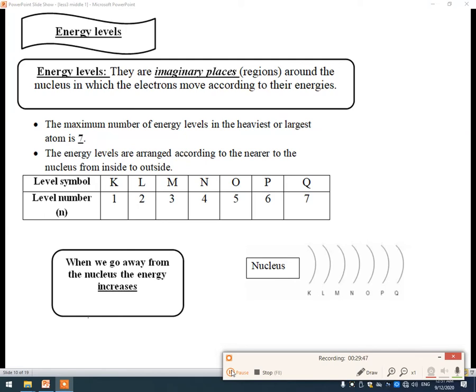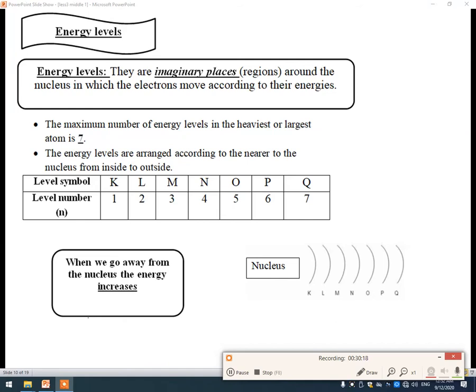Okay, these energy levels are arranged from the nearest to the farthest from the nucleus, from inside to outside. So here in this diagram, we have the nucleus in the box, and after it the nearest one, 1, 2, 3, 4, 5, 6, 7. These energy levels are named alphabetically.